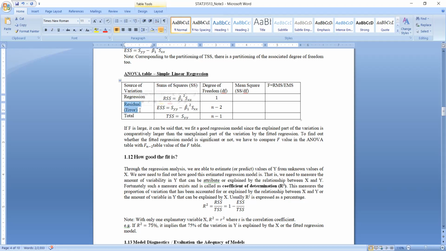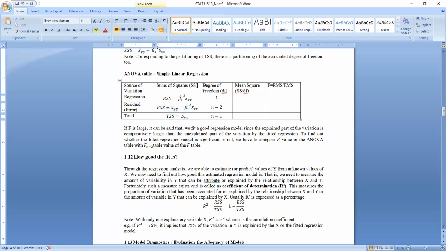The second column is known as the sum of squares, where we calculate the sum of squares for each source of variation. For the regression, we calculate RSS, the regression sum of squares. For the residual, we calculate the error sum of squares, and then the total sum of squares.